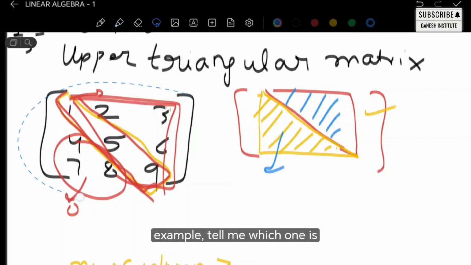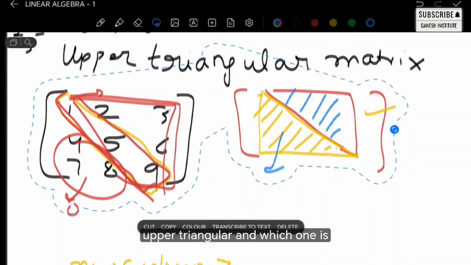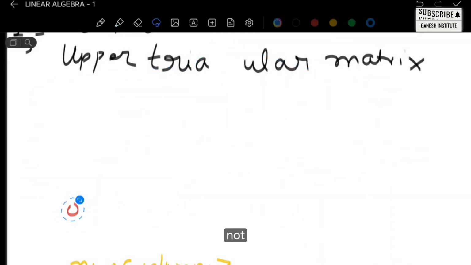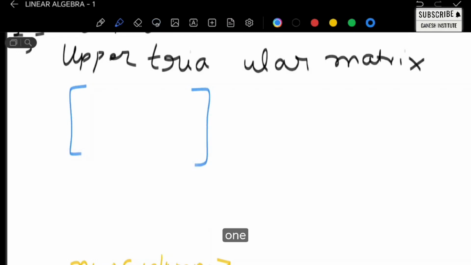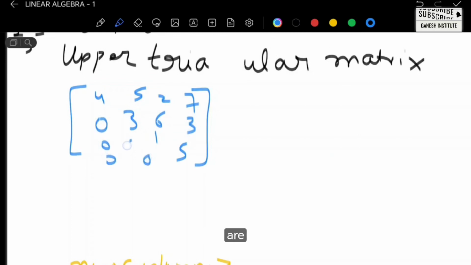For example, tell me which one is upper triangular and which one is not. So you have this one: 4, 3, 1, 5, 5, 2, 7, 6, 3, rest these are 0.